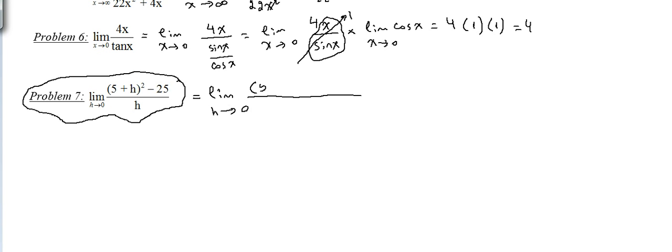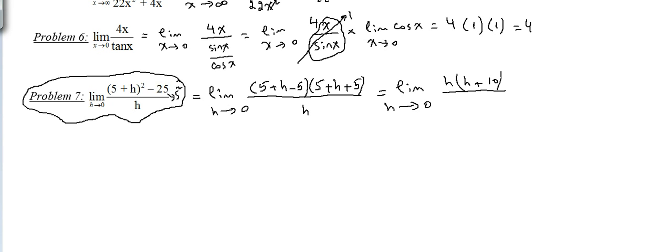So it is 5 plus h minus 5, because 25 is 5 squared, into 5 plus h plus 5. It's a minus b into a plus b over h, which is equal to the limit as h tends to 0 of h into h plus 10 over h.